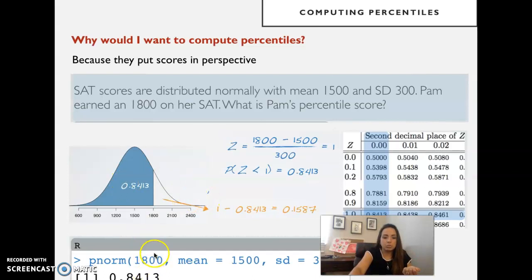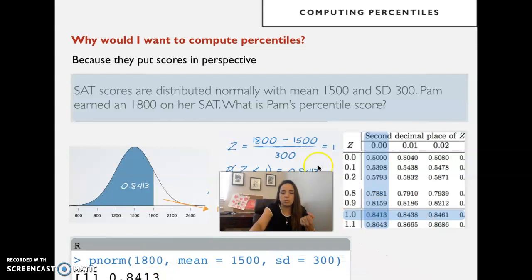Even though I showed you this way of computing the z-score and the percentile, which is to compute the z by hand and then look at a table, you don't need to do that because we're using R. We are going to do it in a much simpler way using the function pnorm.